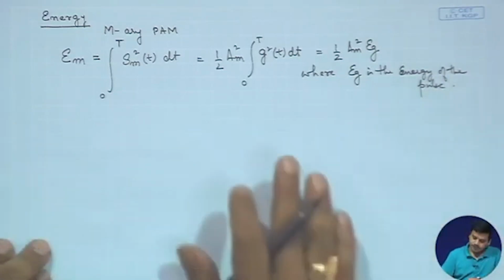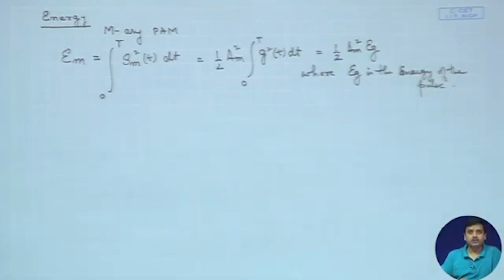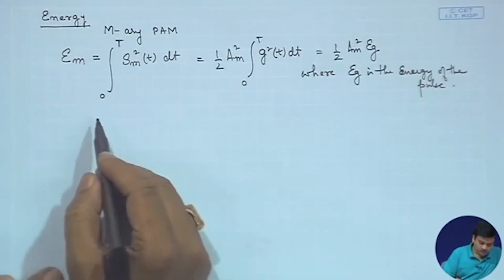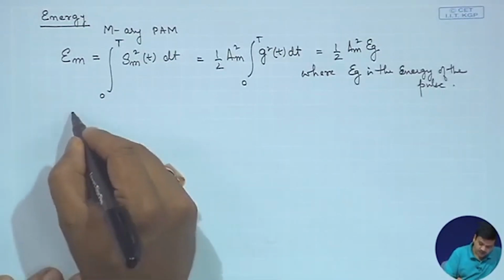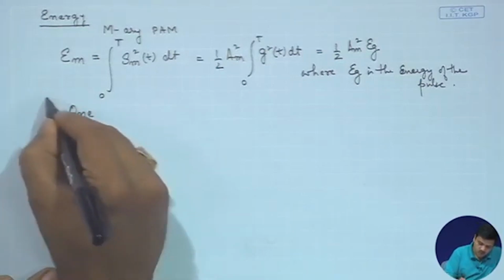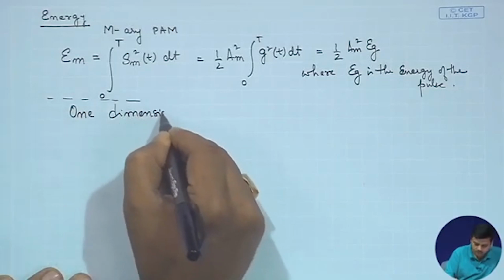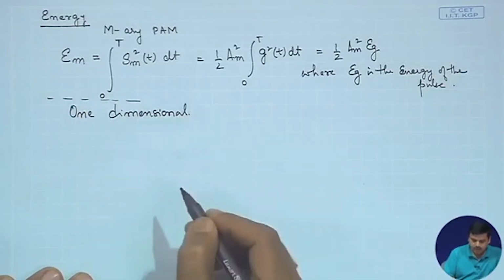So, now using this, we will be using this in one of the important calculations that is going to appear soon. So, moving ahead further, we could say that these particular signals are one dimensional. It will be clear very soon.